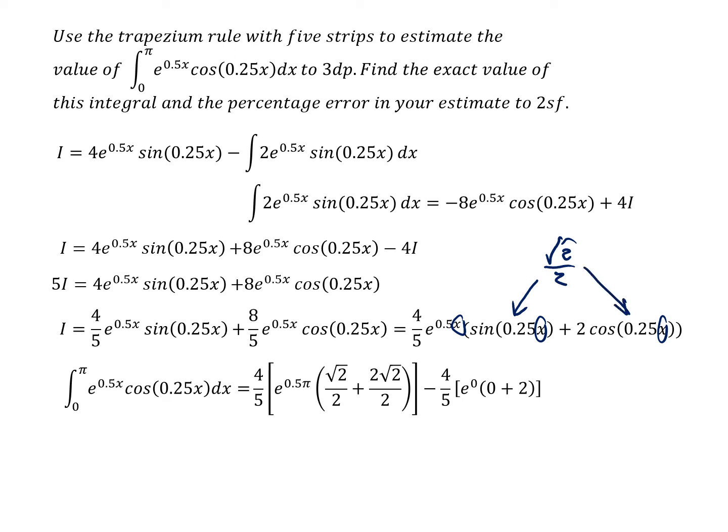So that's where these root 2 over 2's come from. This is 2 root 2 over 2 because of that 2 there. When I substitute the lower limit of 0 into here, the sine of 0 becomes 0, but the cos of 0 is 1. So I'm left with 2 there, because it's 2 times 1.